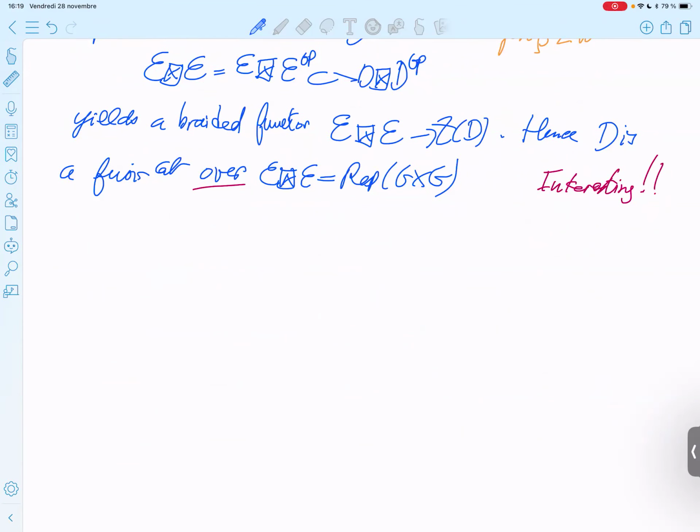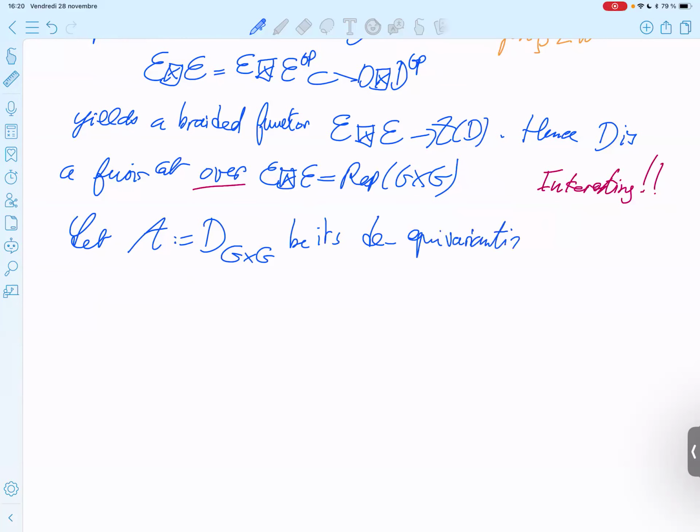So now you define, so we want to make the inverse. So now we consider the disequivalentization, in the sense of section 4.2.